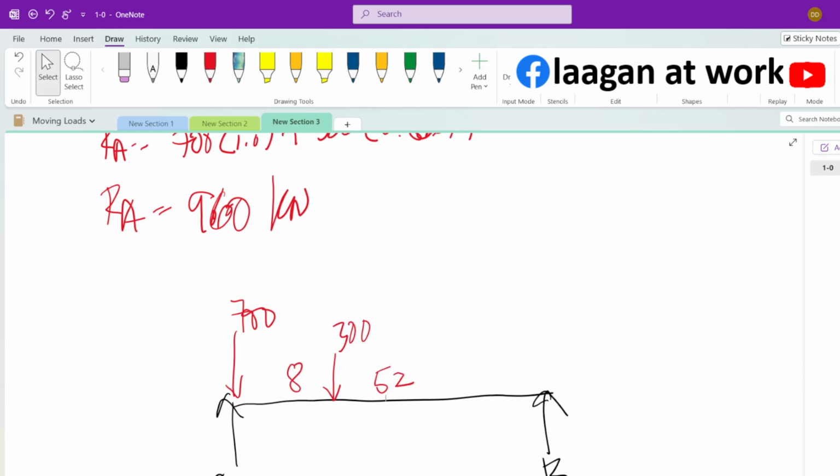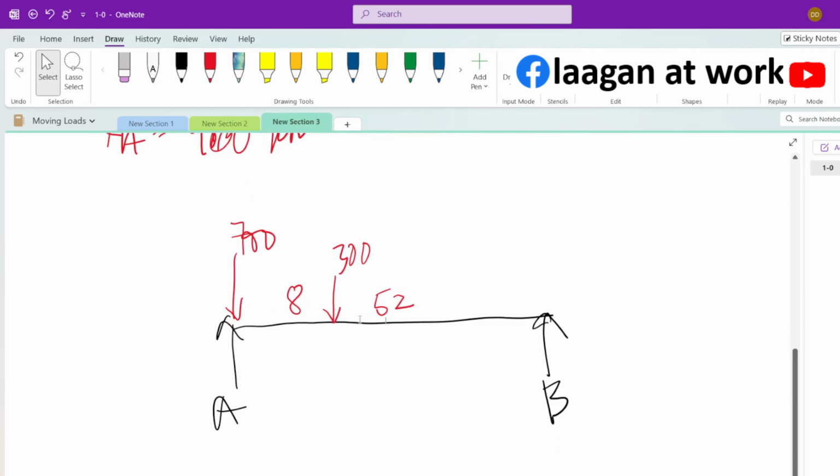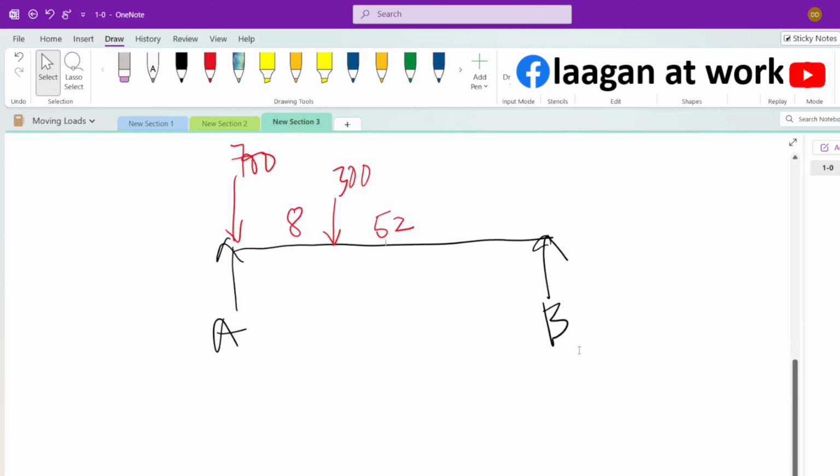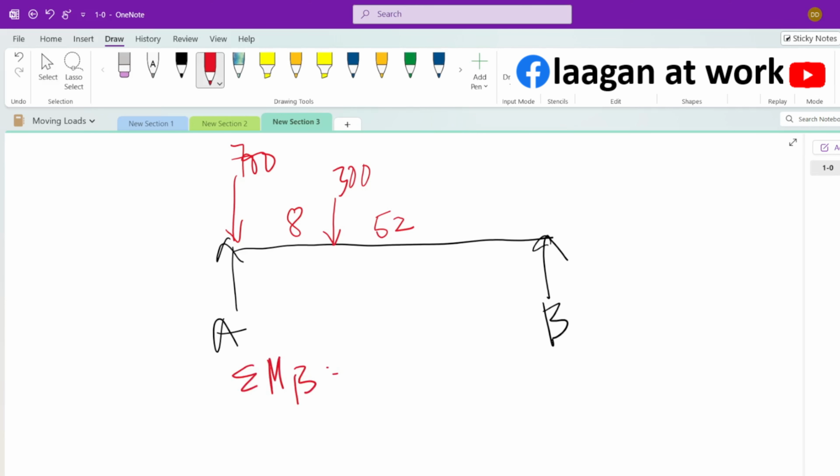Now, using summation of moments at A or B. To get the reaction at A, use summation of moment at B. So, summation of moments at B is equal to the moment at B, but this is a simple support. So, moment at B is 0.